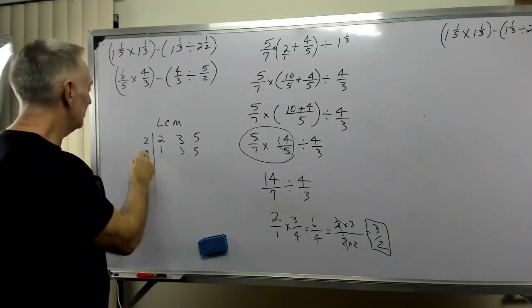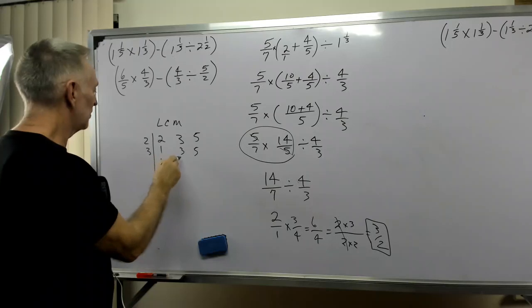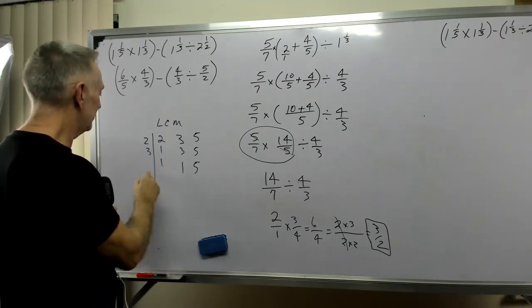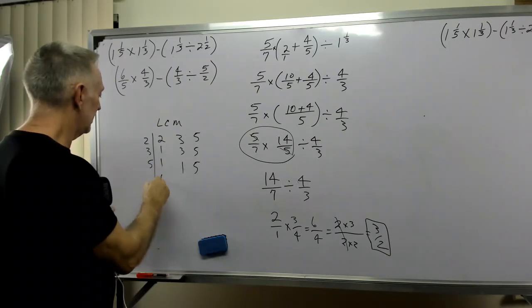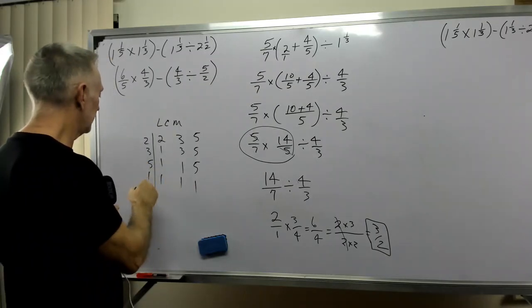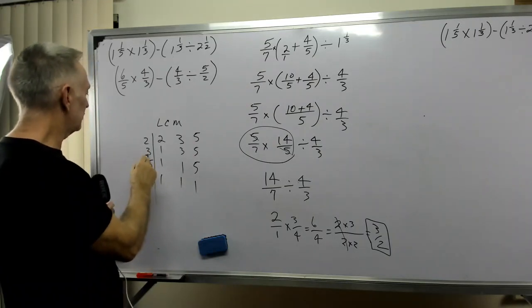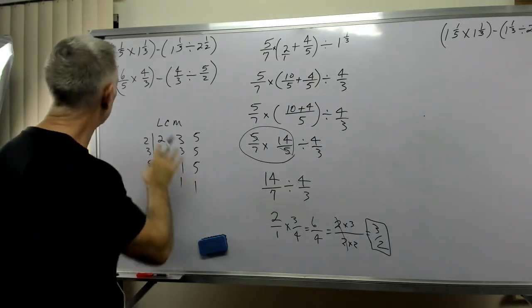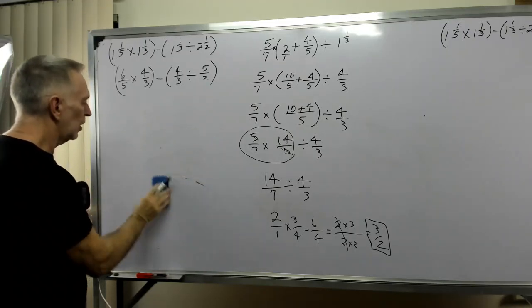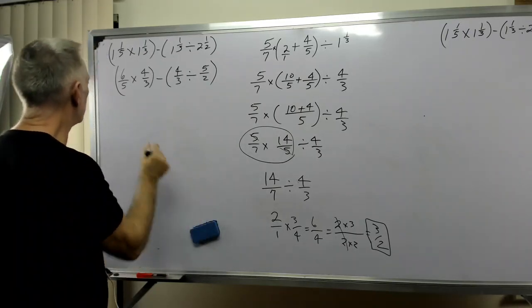Okay, so now I have a 3. Bring the 1 down. 1 times 3 is 3. Bring the 5 down. Okay, I'll take a 5. Bring the 1s down. 1 times 5 is 5. So bring the 1 over. So 5 times 3 is 15. Times 2 is 30. So I could, if I wanted to, change all of these to a common multiple of 30.